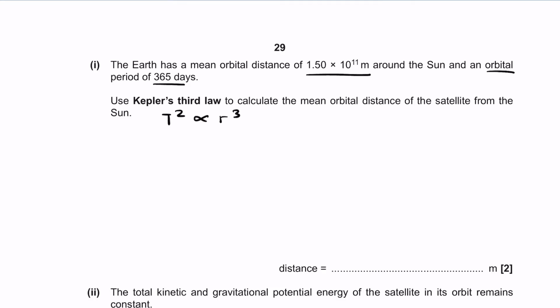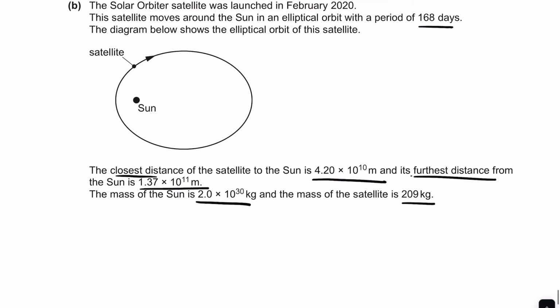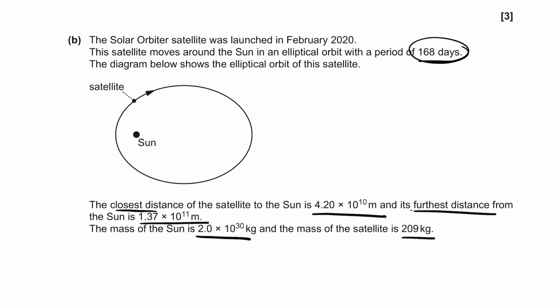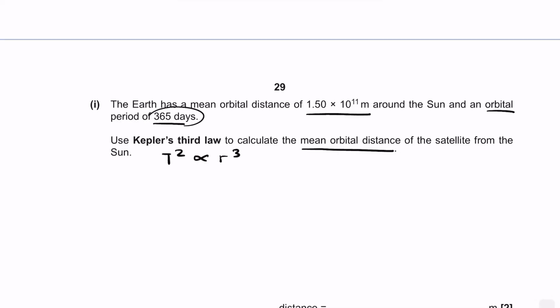So if I wanted to work out the mean orbital distance of the satellite from the Sun, I know that the satellite is taking 168 days to orbit around the Sun, and we also know that the Earth takes 365 days.